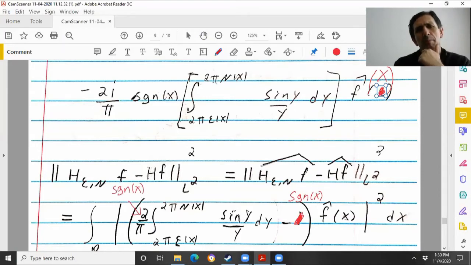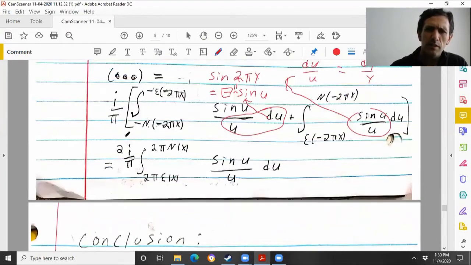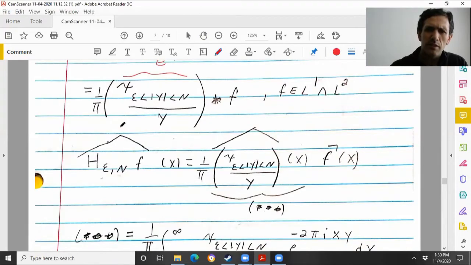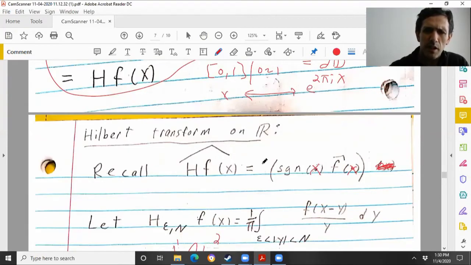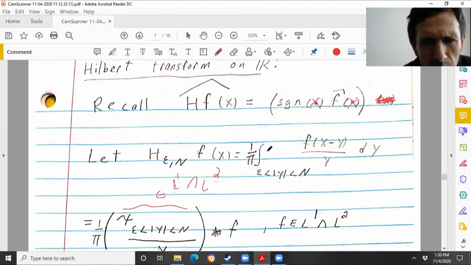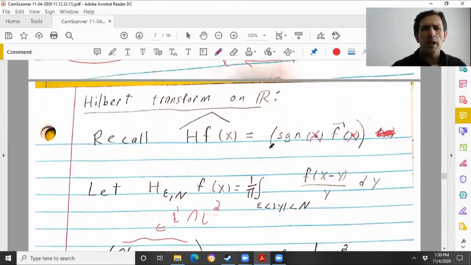And remember, you have a common I. It was minus I. What did I say? Yeah, there should be a minus I here. Sorry about that. All right, so remember, the Hilbert transform is minus I times this here.